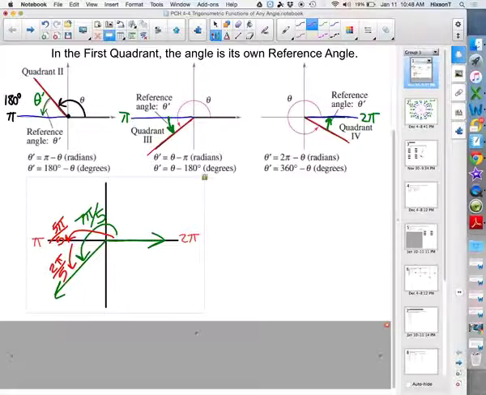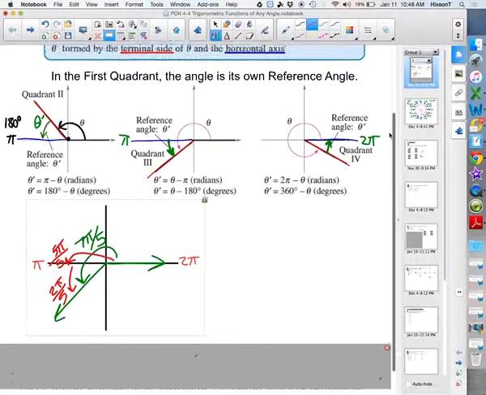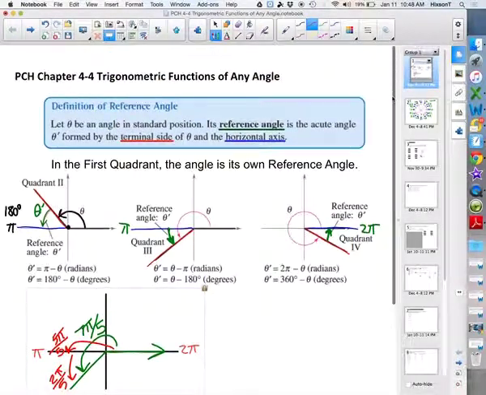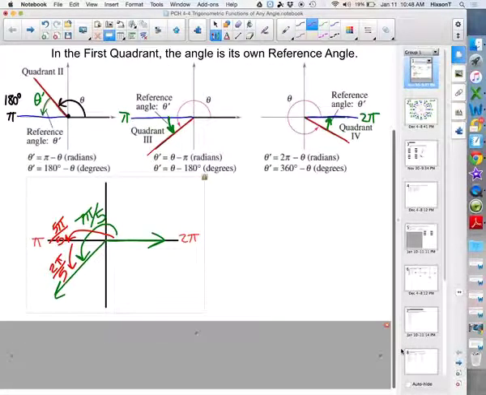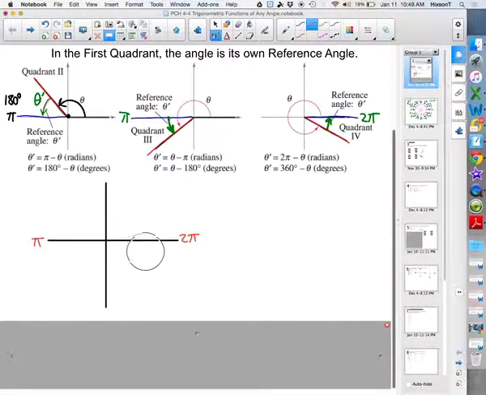No, it wouldn't be negative. When we're talking about reference angles, it's always going to be an acute angle, so it's always going to be between 0 and 90, a positive angle. And actually, your question brings up a good point. What if I had, say, a negative 2 pi over 3?